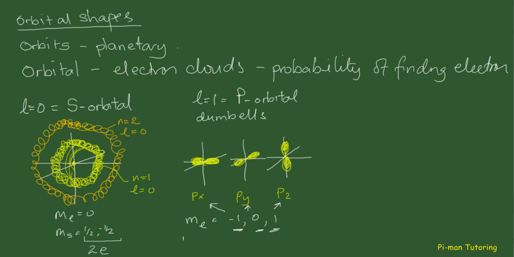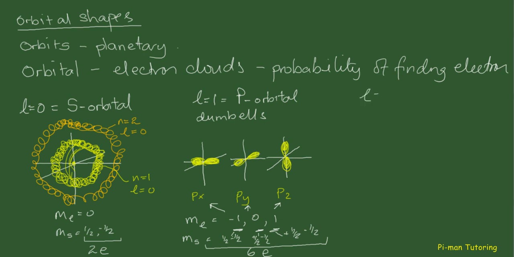Each of these can accommodate 2 electrons, so we can put a +½ and a -½ in here, +½ and -½ in here, and a +½ and -½ in here. And as a result, 6 electrons.